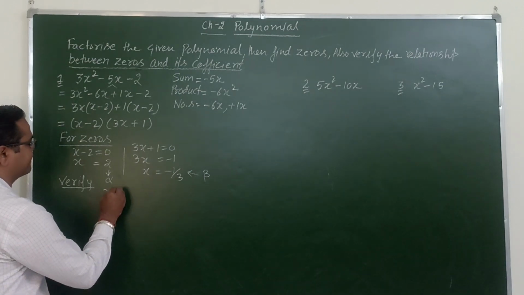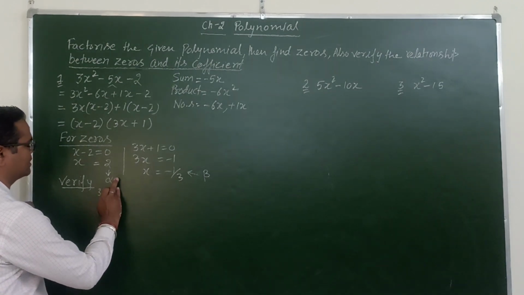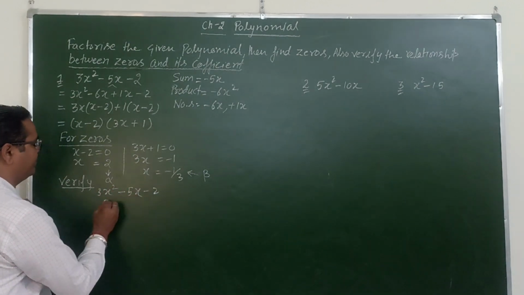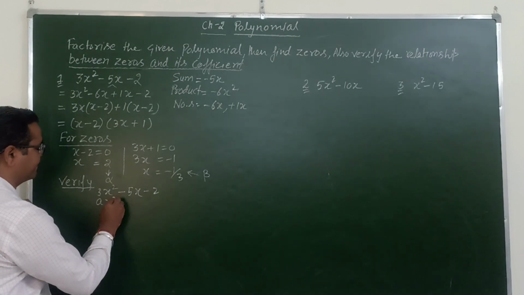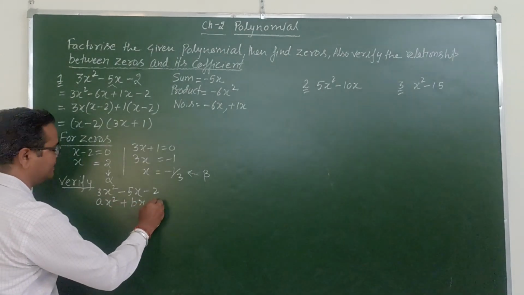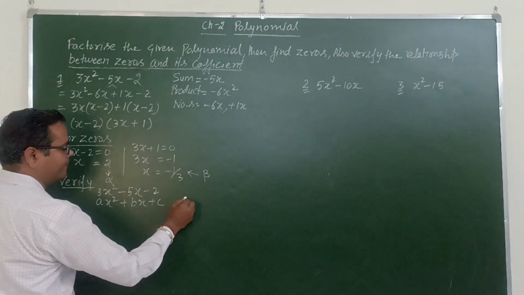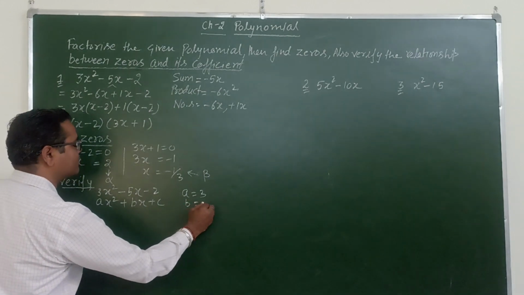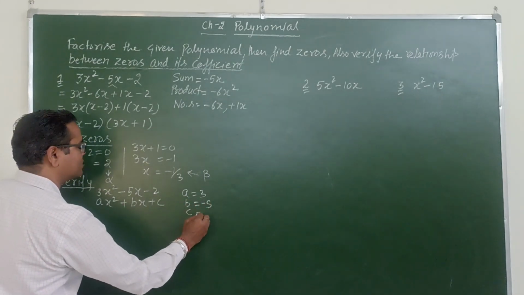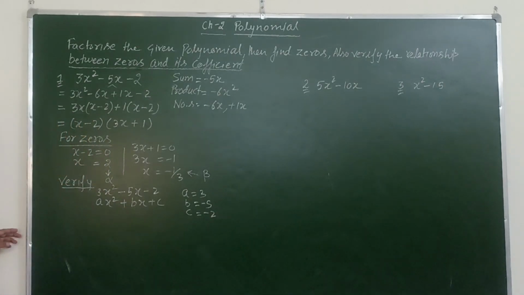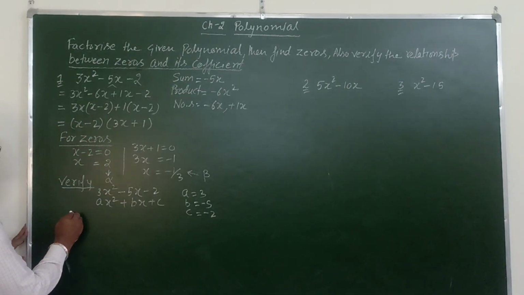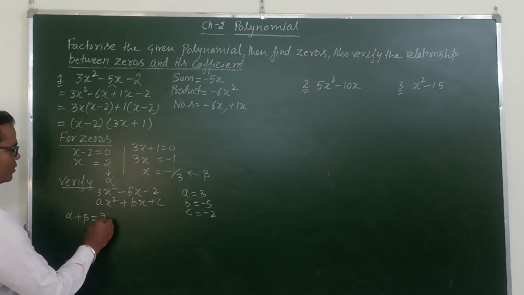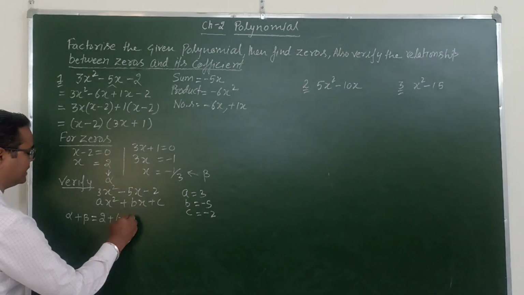The polynomial 3x square minus 5x minus 2. Compare with ax square plus bx plus c. What is the value of a? A is 3, b is minus 5, and c is minus 2. Now add the zeros. Sum of the zeros, alpha plus beta, is 2 plus minus 1 by 3.